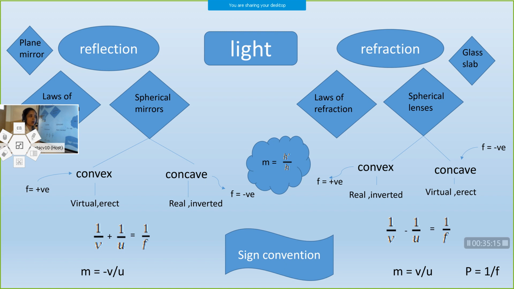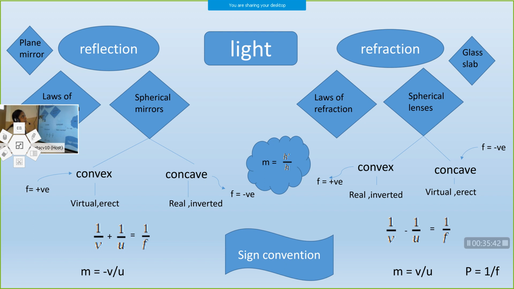Okay. And all the distances measured along positive x-axis are always positive. And all the distances measured along negative x-axis are always negative. And all the distances above the principal axis will be always positive, and all the distances below the principal axis will be always negative. So these rules are common for both spherical lenses and mirror.